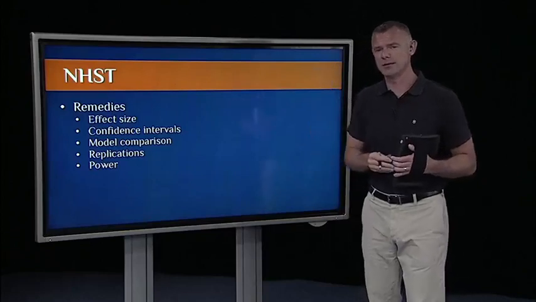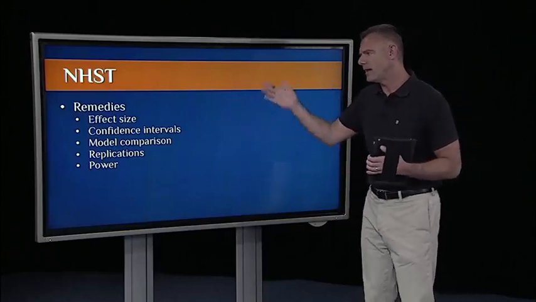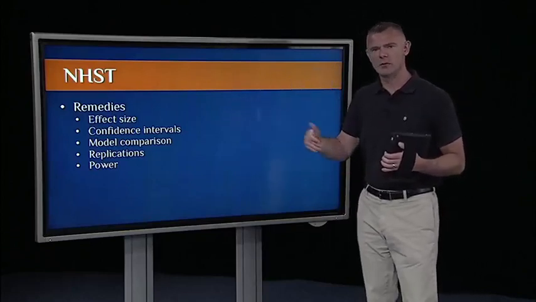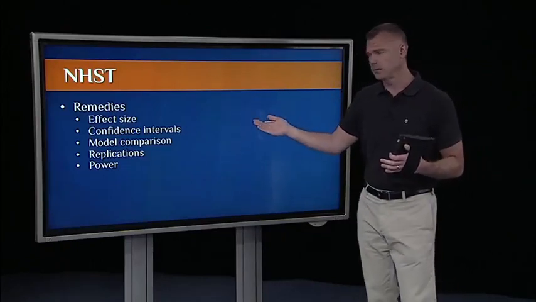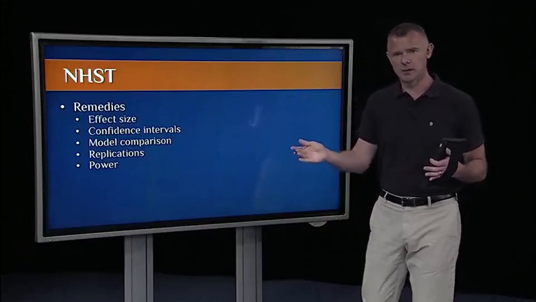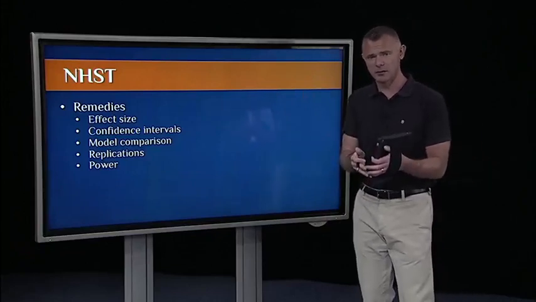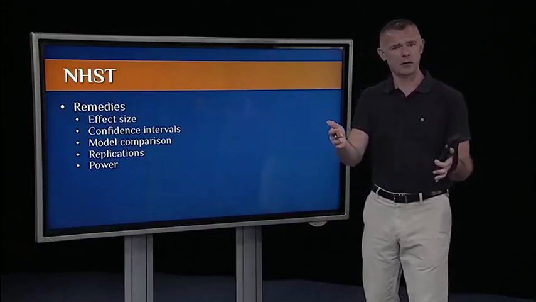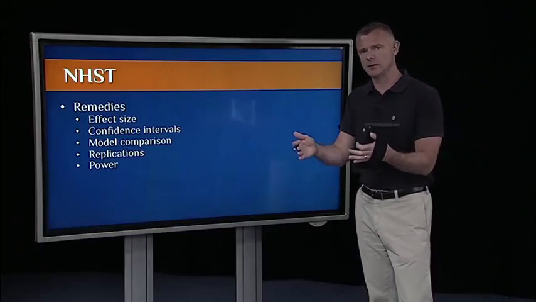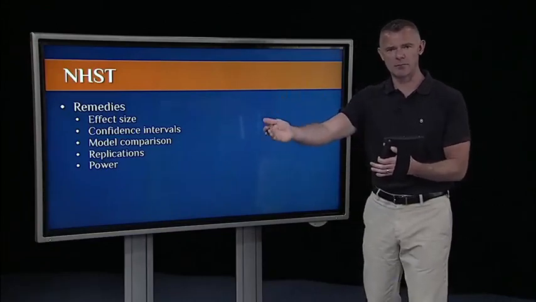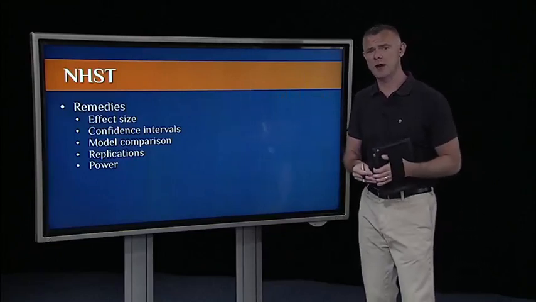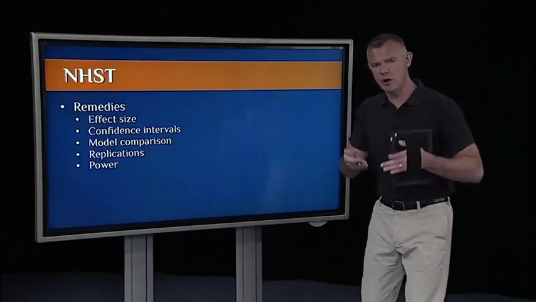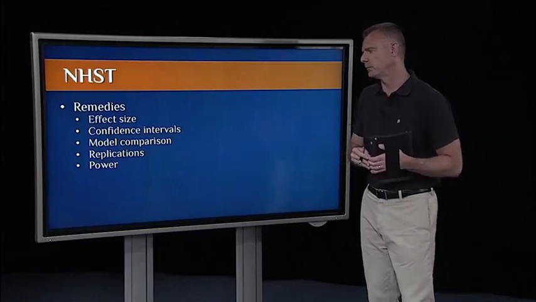By taking a course like this, you're now aware of them, and then remedy those problems with supplemental statistics, like estimates of effect size, like confidence intervals, and by engaging in model comparison. So don't just compare your model to the null, compare multiple models. Theory A predicts model A, theory B predicts model B. Test those two models. That's a stronger form of hypothesis testing.